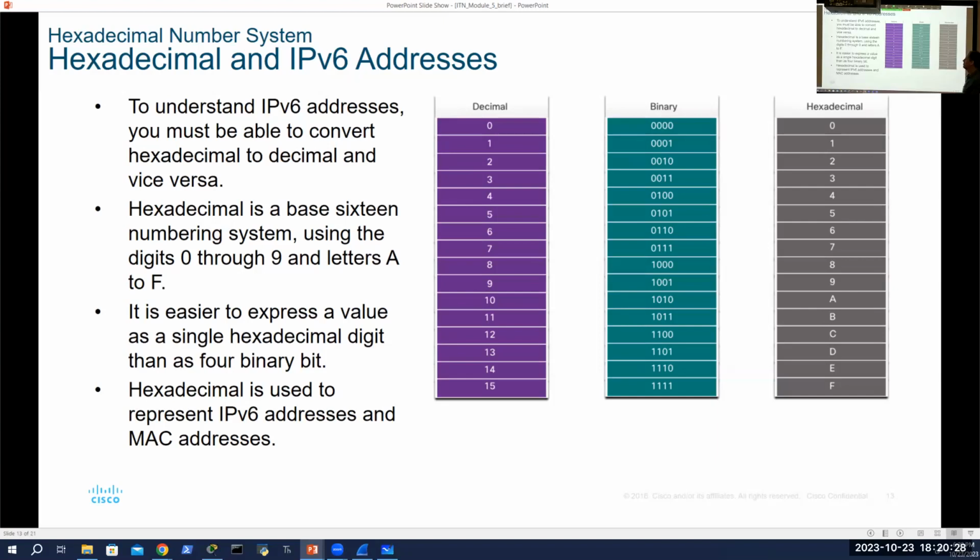So, knowing how to do hex to binary to hex, and sometimes even to decimal, there's really not that many reasons to convert hex to decimal or decimal to hex. You don't need to convert an IP address to hexadecimal. You don't need to convert a MAC address to decimal.